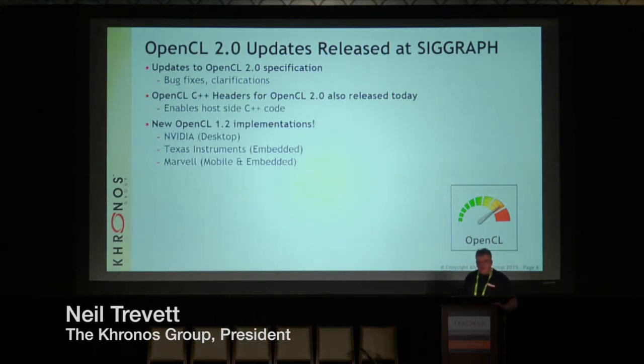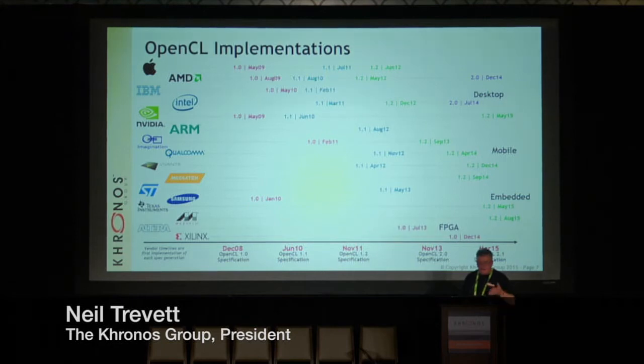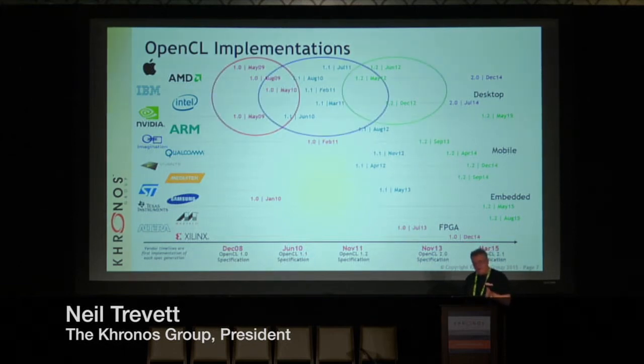And we have new implementations coming. NVIDIA is now shipping 1.2, but interestingly, the embedded space is beginning to latch on to OpenCL. We now have Texas Instruments shipping OpenCL 1.2 on their DSPs, and very new announcement, Marvell are about to ship OpenCL on their range of mobile and embedded processors. These are all of the hardware implementations that are out there. I'm not going to go into detail, but it's kind of interesting. You can see that on the desktop, we have waves of implementation, and then the mobile guys are typically a year or two behind.